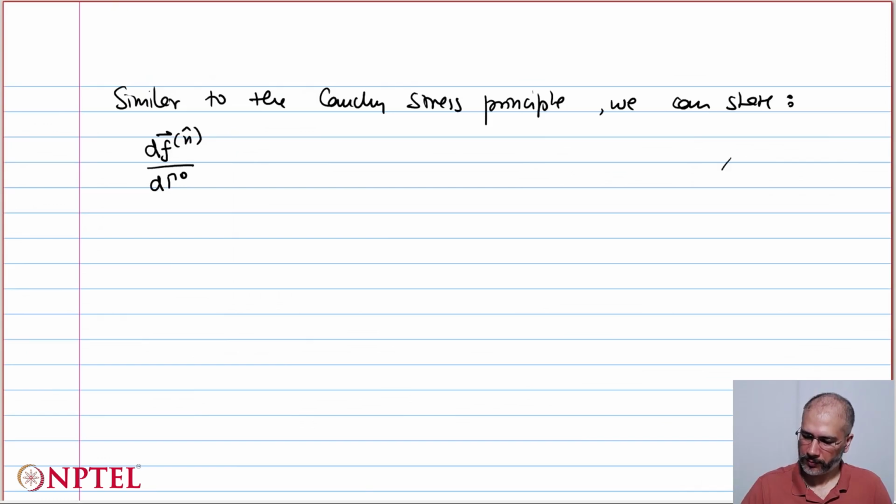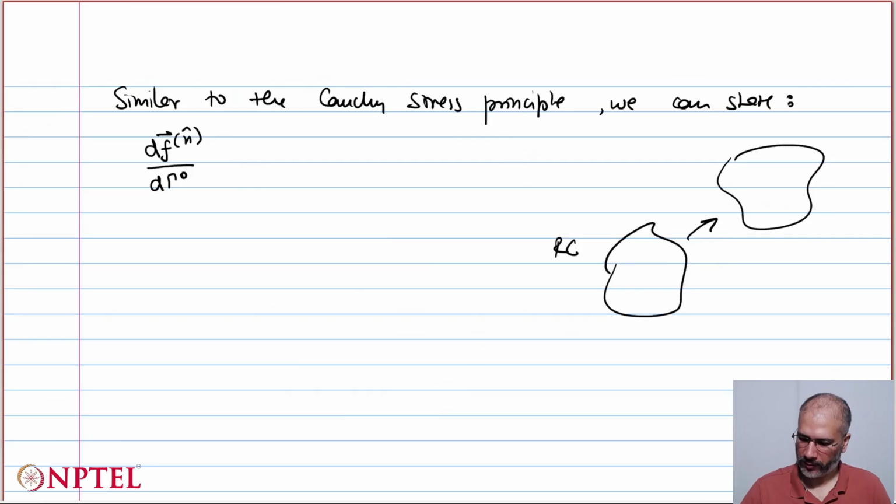So again recall that we have a reference configuration and we have a current configuration, and this point Q, which has an area d gamma around it with a normal small n hat, has a force acting df n hat on it, and the same point was capital Q with an area d gamma naught and a normal capital N hat.